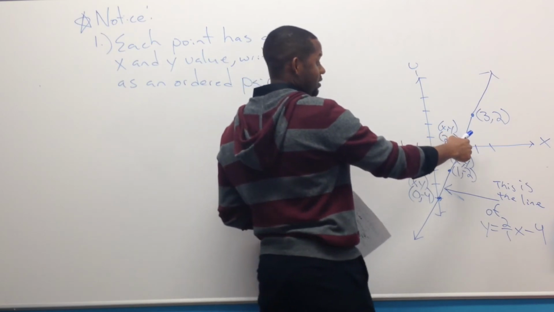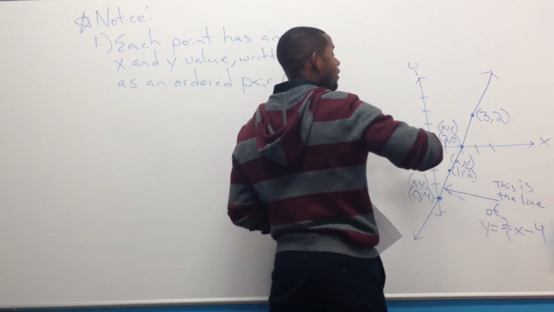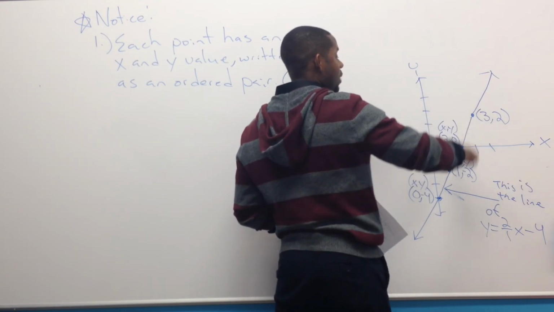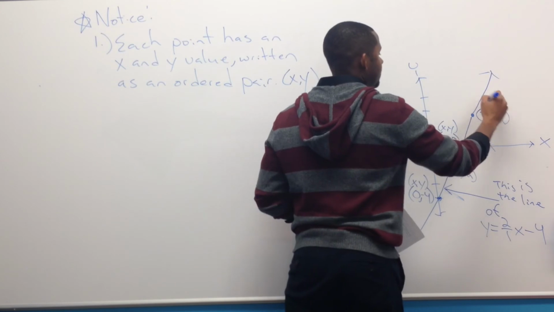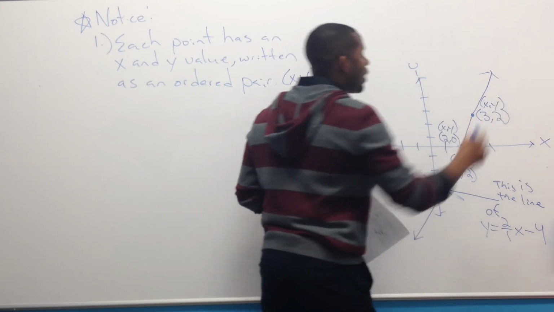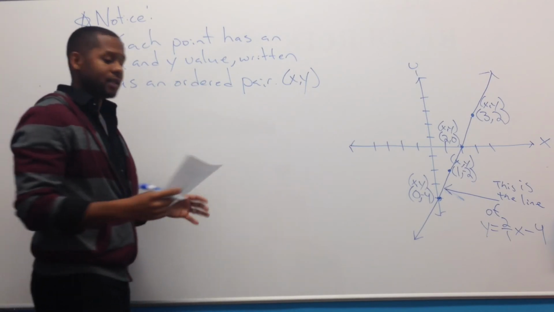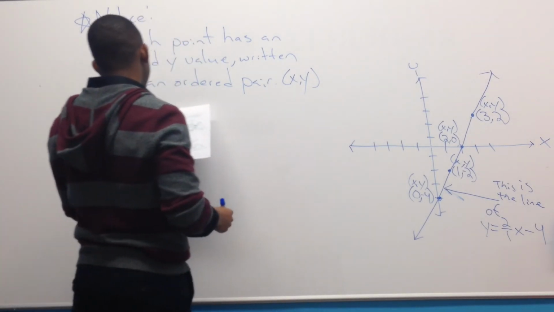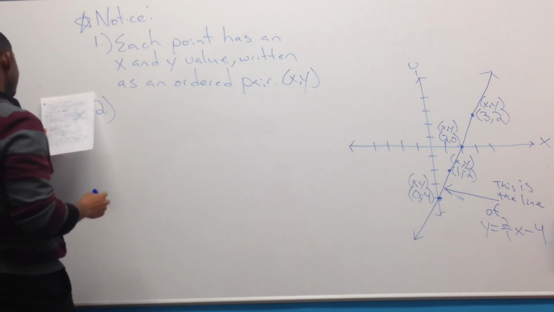One point has both an x and y value. The x tells you how far left and right do I need to go. Y tells me how far up and down. And finally, x, y. X is 3, y is 2. Recognize every point when you're graphing a line has both an x and a y value that can be written as an ordered pair.